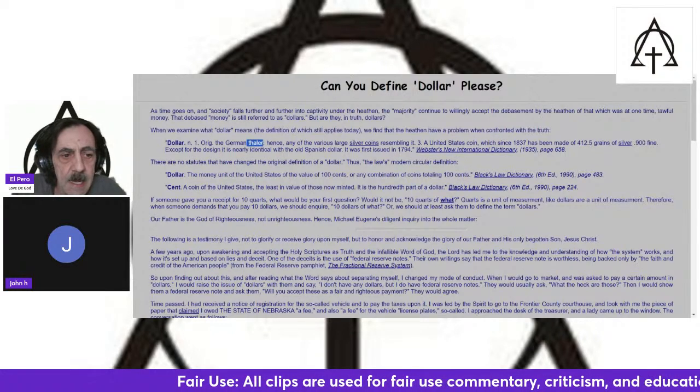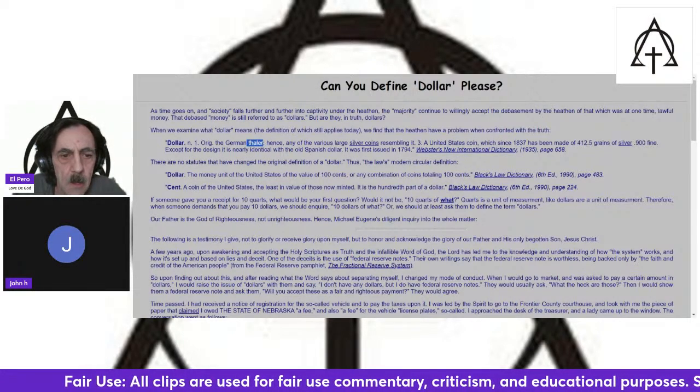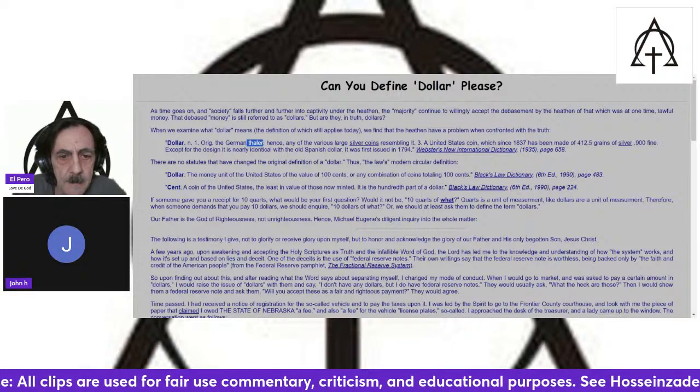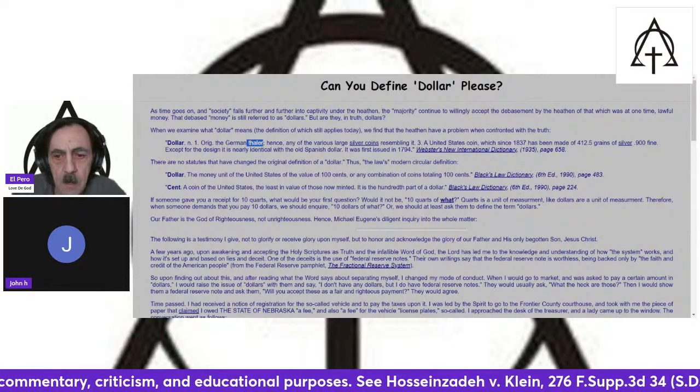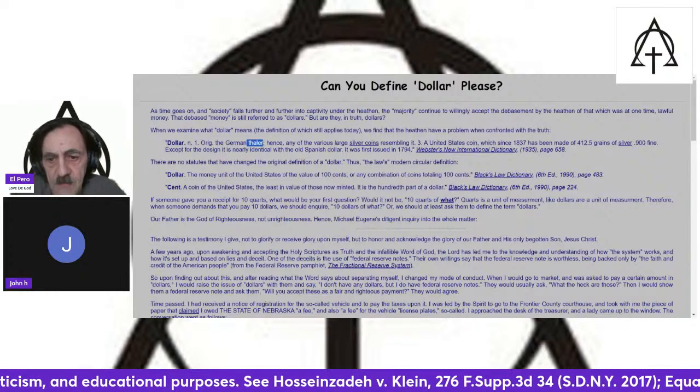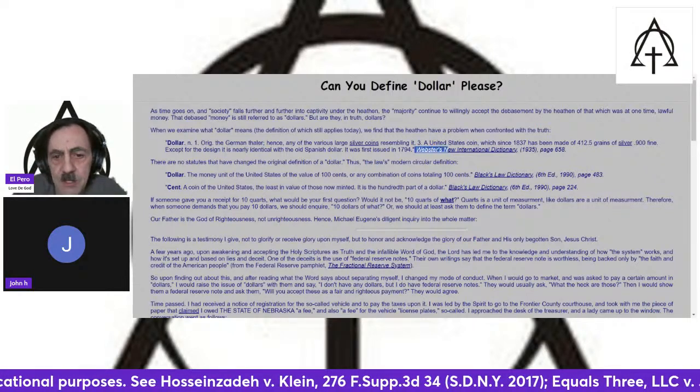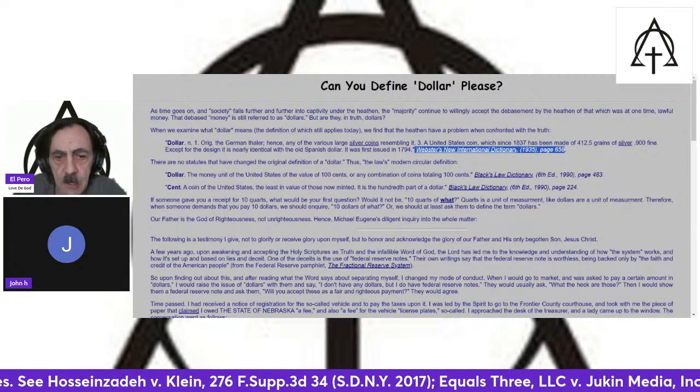Except for the design, it is nearly identical with the old Spanish dollar. It was first issued in 1794, and that's on page 658 of the 1935 Webster's New International Dictionary.